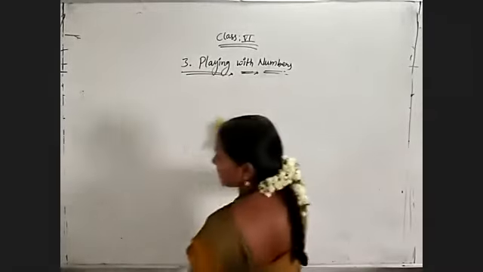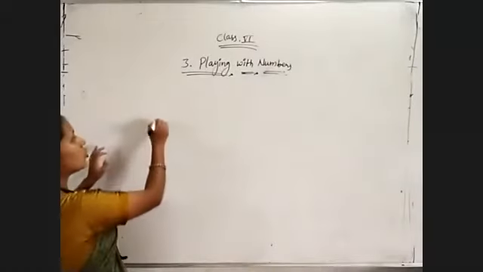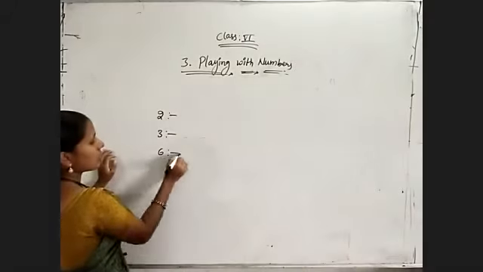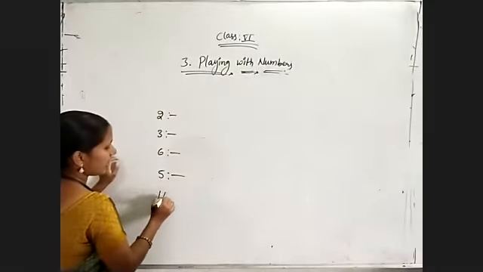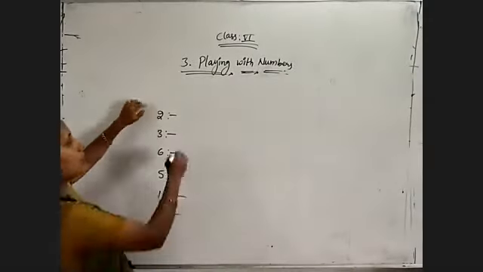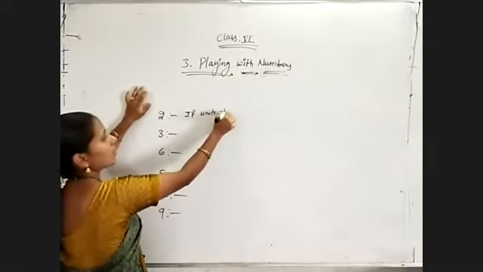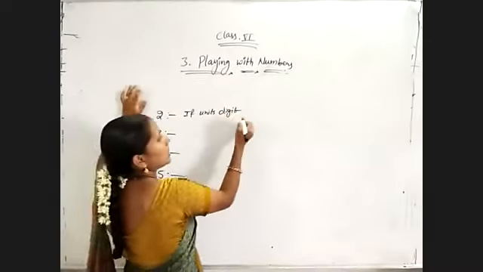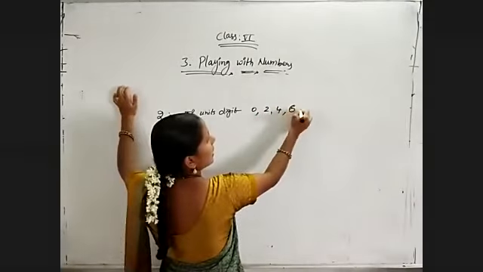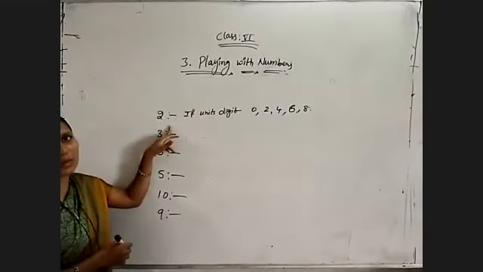In this first exercise, we have discussed the different divisibility rules of 2, 3, 6, 5, 10 and 9. What is the divisibility rule of 2? If the units digit of a given number is 0, 2, 4, 6 or 8, then only it is divisible by 2. Otherwise it is not divisible by 2.